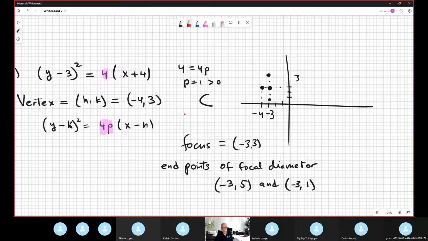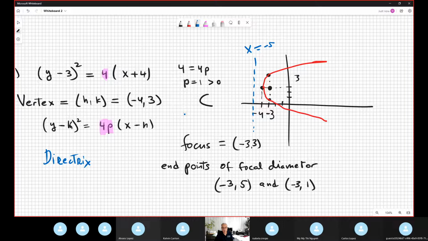So I have a clearer idea of how my parabola looks. Something like that. That's it. No, because we also need to determine the directrix. The directrix is a line passing through here, perpendicular, in this case a vertical line, x equal -5, because the distance is the same, p, and p is 1.